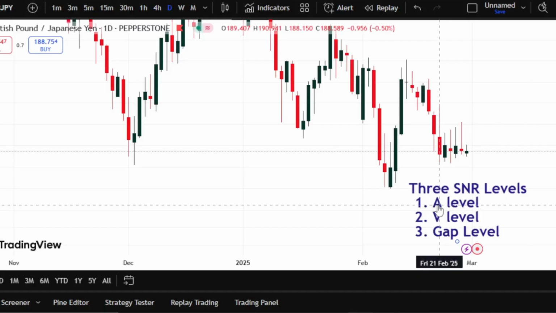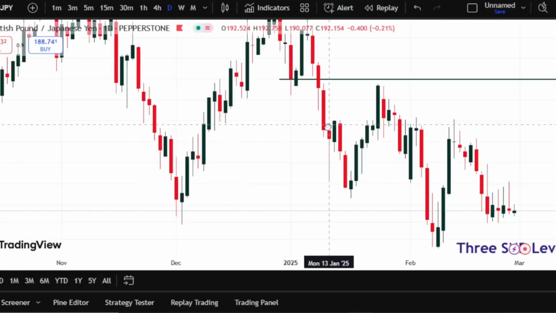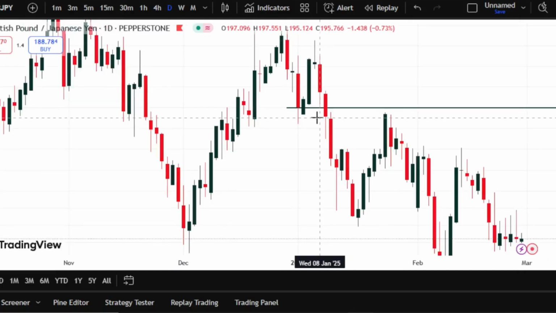The gap level is equally very important because a lot of stuff is hidden in the gap level. So the gap level is the space between two candles of the same color.